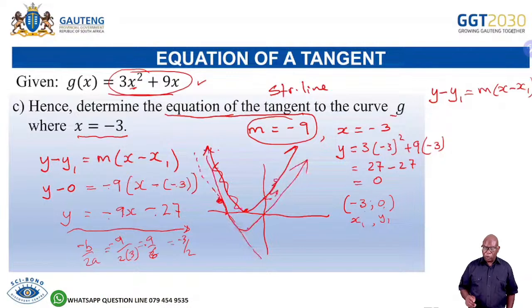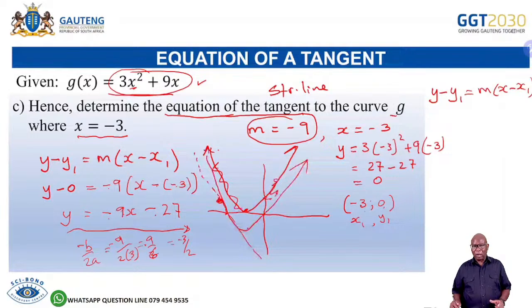Okay, right, so all those things that I said at the beginning in terms of what we're supposed to know: in this section, we're supposed to know the first principle, the rules, and the equation of the tangent to a curve. Only the tangent to the curve, that is what they said.